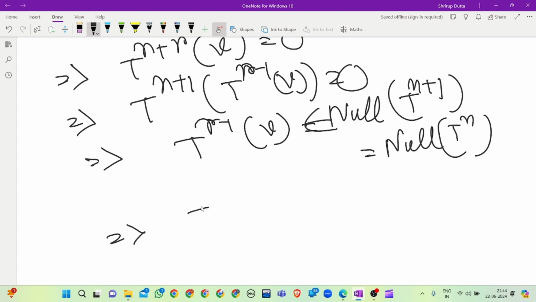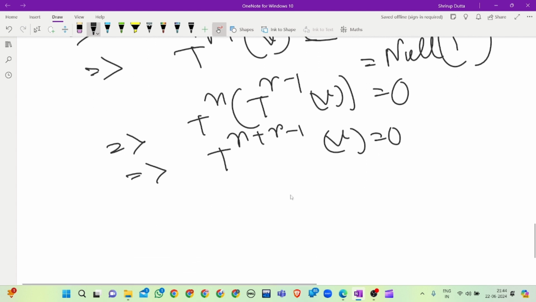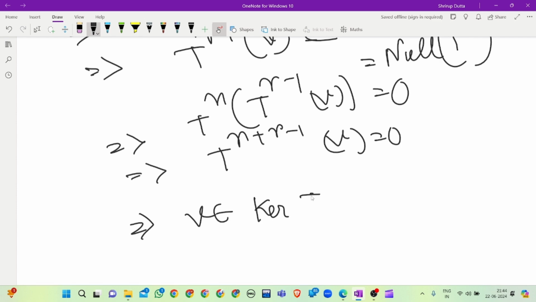So this implies T to the power n of T to the power r minus 1 of v will be 0. This implies T to the power n plus r minus 1 of v equals 0, and this implies v belongs to the null space of T to the power r minus 1.